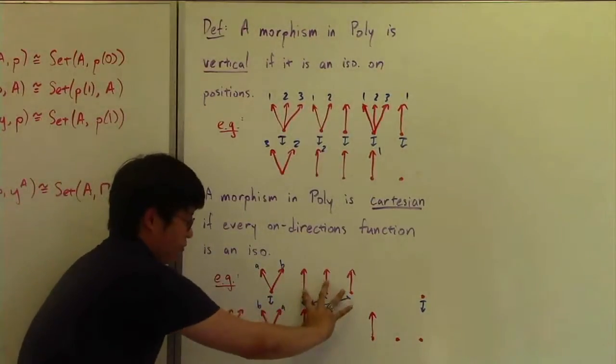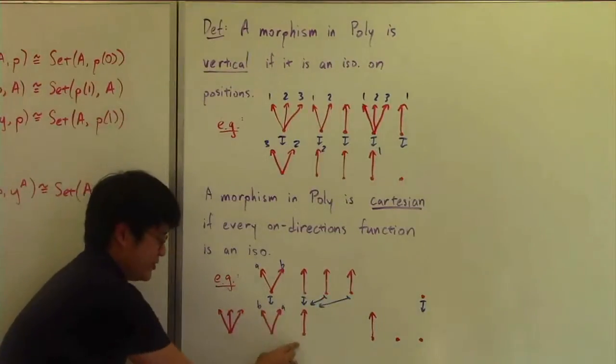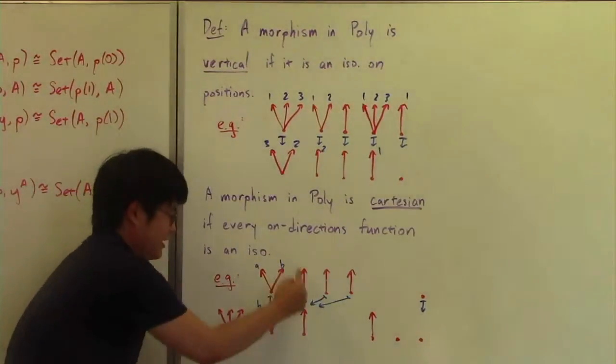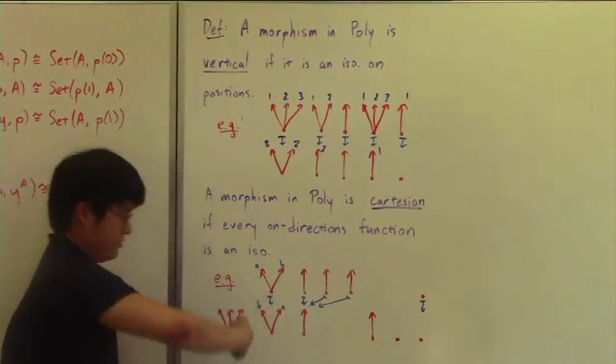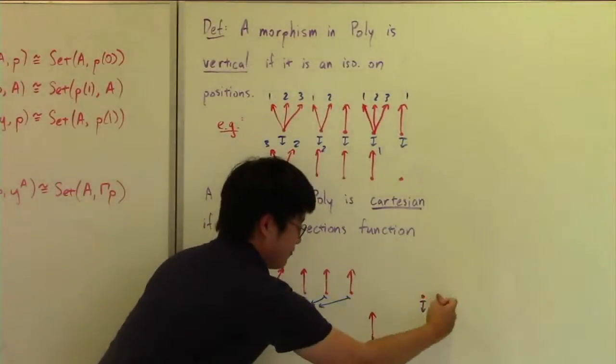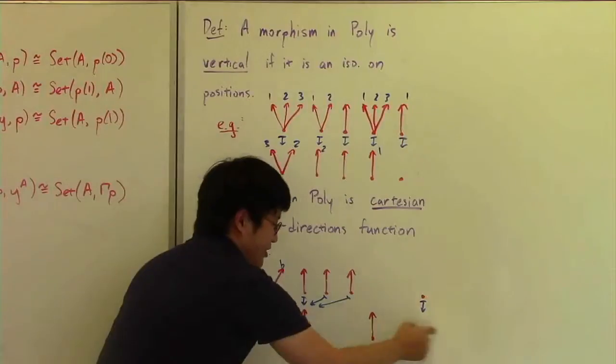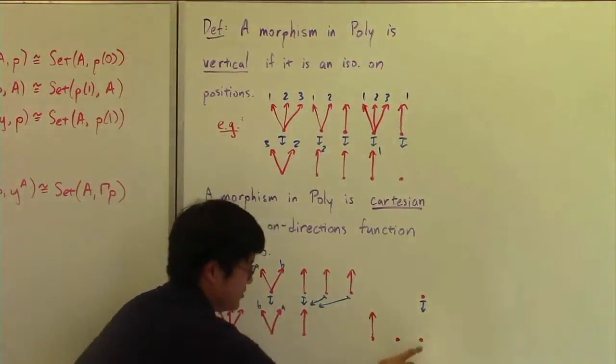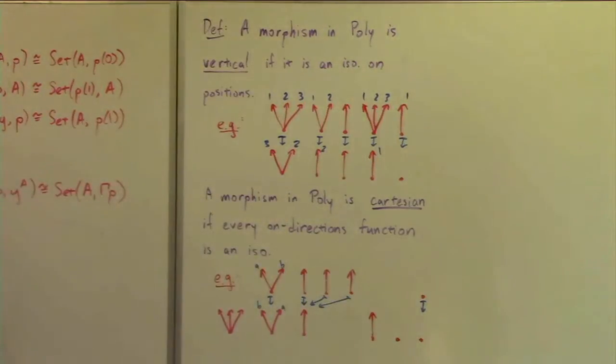Similarly, it sends all three of these positions to this one position, but these all have to be isomorphisms from one to one. And finally, we have this map from a no-direction position to another no-direction position. That's another isomorphism.